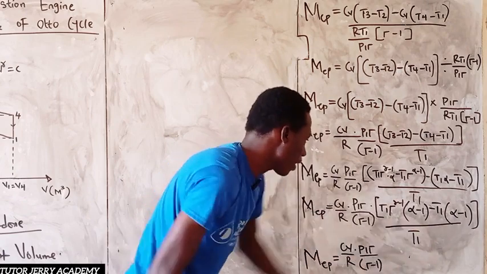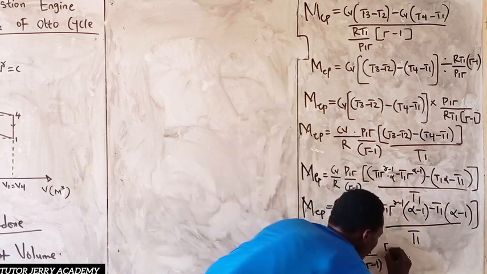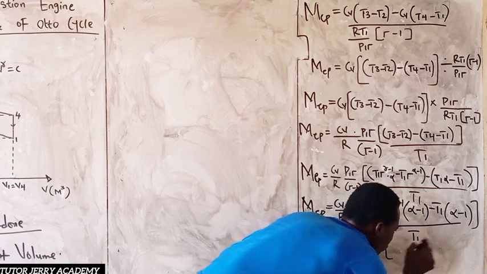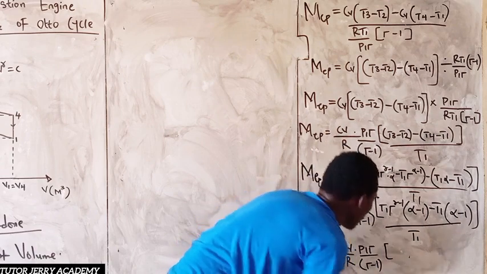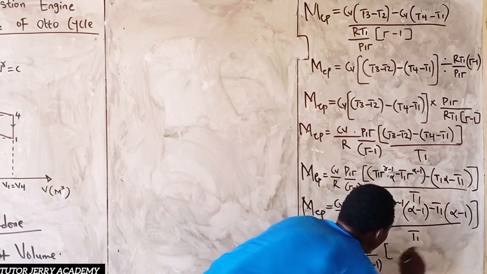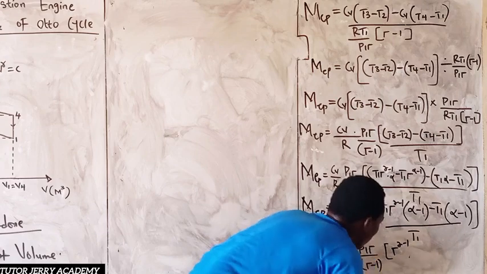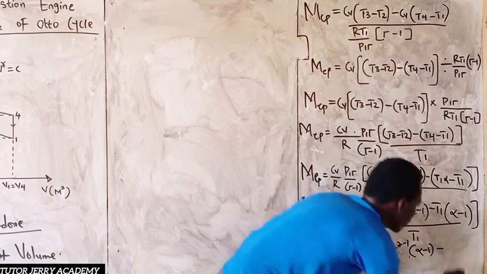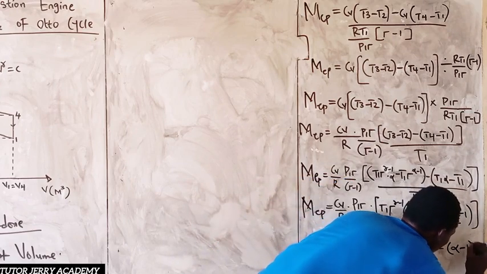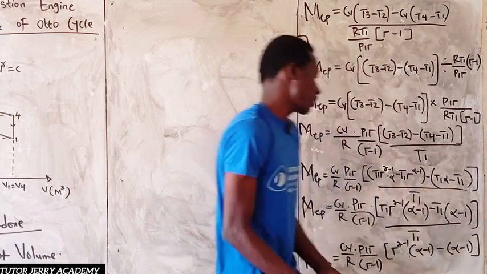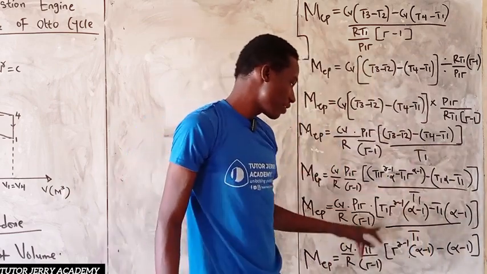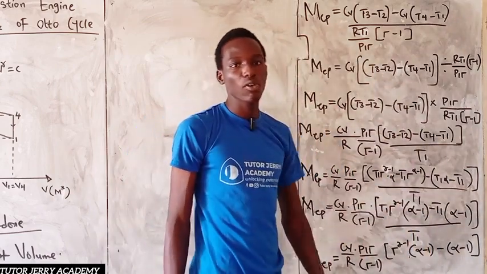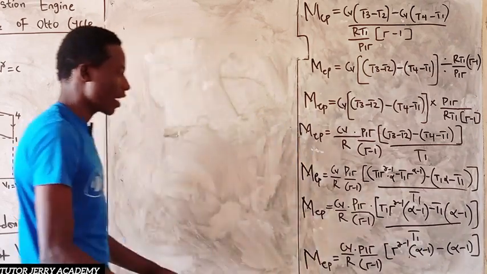What is here is now multiplying the bracket of compression ratio to the power of gamma minus 1 into alpha minus 1, minus alpha minus 1. Don't forget, by separating this and dividing it, T1 are all gone. So this is what we have left.